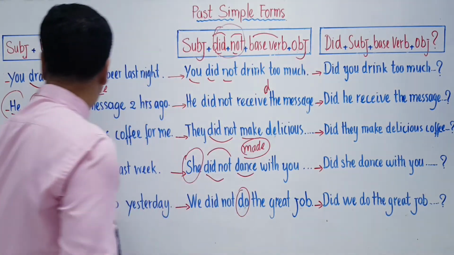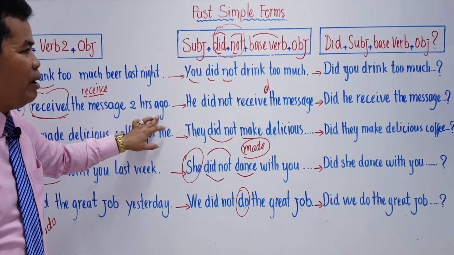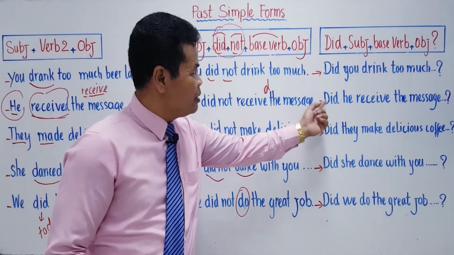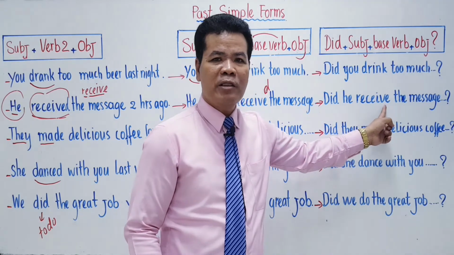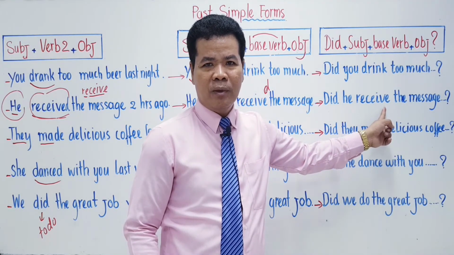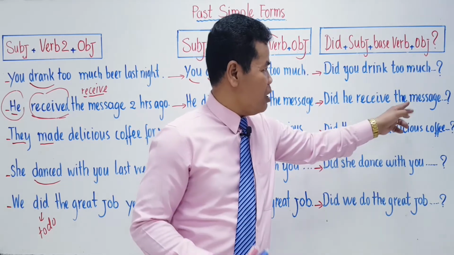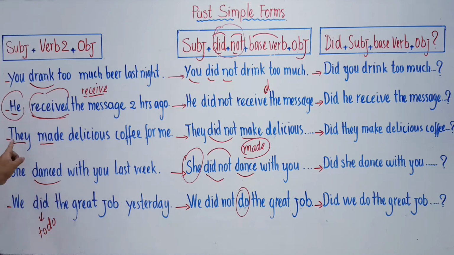Next, "He received the message 2 hours ago." And then we go to the question, did, and then he receive, go back to the base form of the verb. No D. Right? Let's go to the third one. "They made delicious coffee for me."